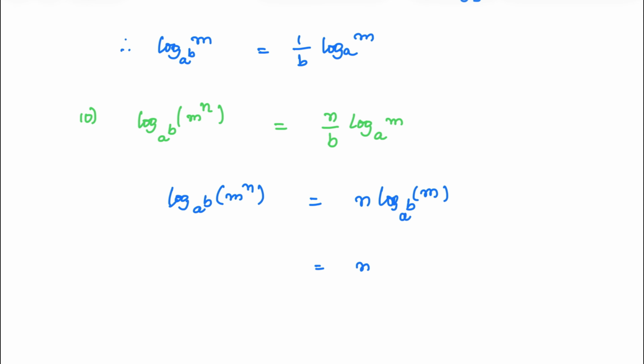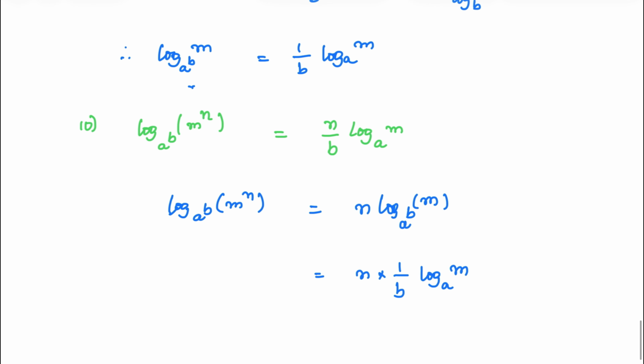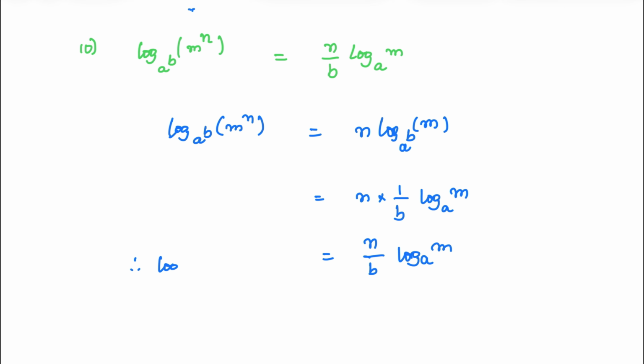We can write this as n into 1 by b into log m base a, because we already learned above. It is equal to n by b into log m base a. Therefore, log m power of n base a power of b equals n by b into log m base a.